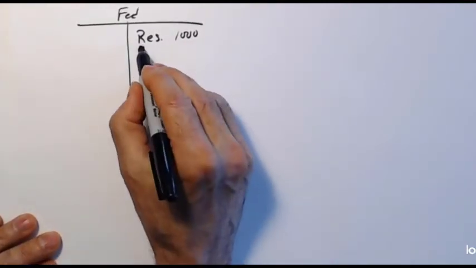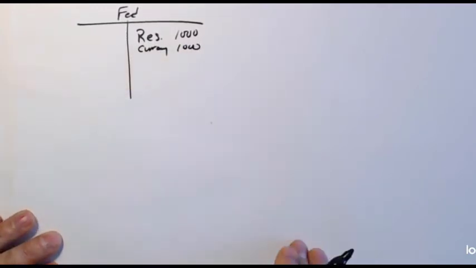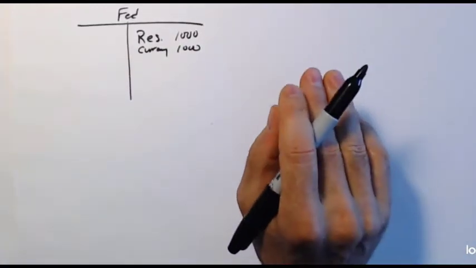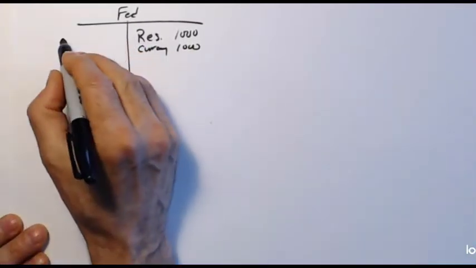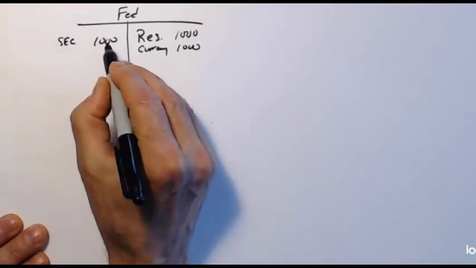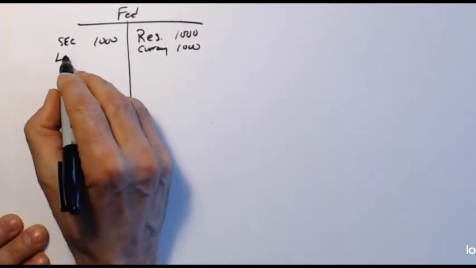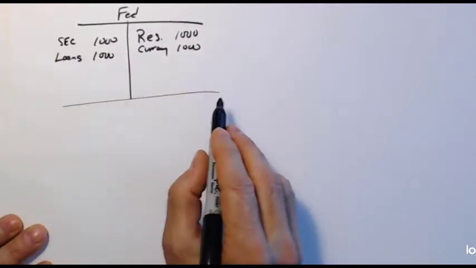There's also currency. That's a liability of the Fed, money that's floating around in our pockets and cash registers. Okay? Now, the Fed also owns securities, and it also may be making loans to banks. Okay? And the Fed's balance sheet will balance.